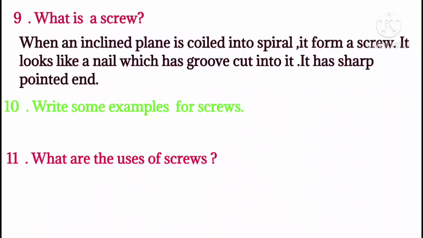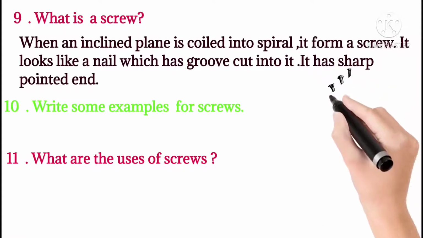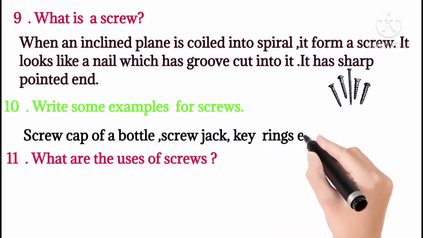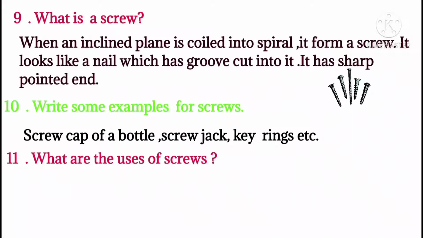It looks like a nail which has a groove cut into it. Screws are turned with the help of a screwdriver. As they rotate, they also move forward. So, they help to attach things to each other.